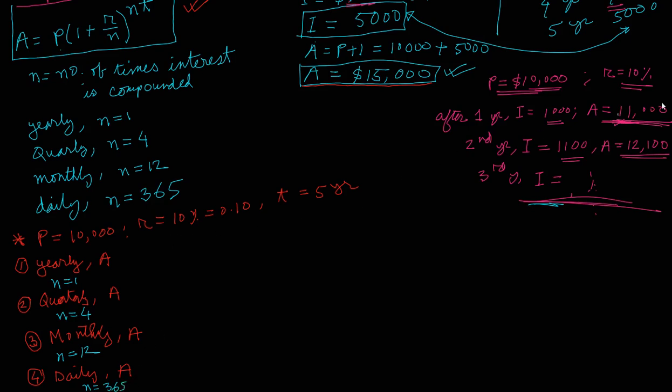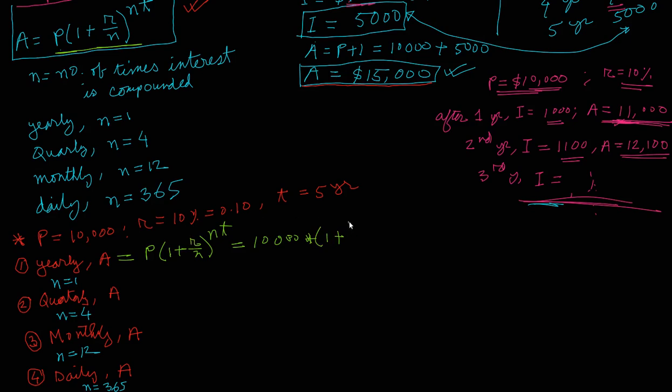So let's try to find out the value of A. What is the definition of A? A is P multiplied by (1 plus R over N) power NT. So let me simply write down the equation just one time. P(1 plus R over N) power NT. So let's see, P is my 10,000, multiplied by 1 plus, what is my R?